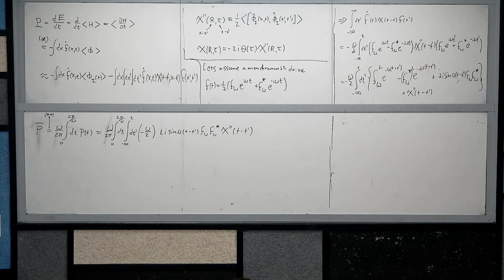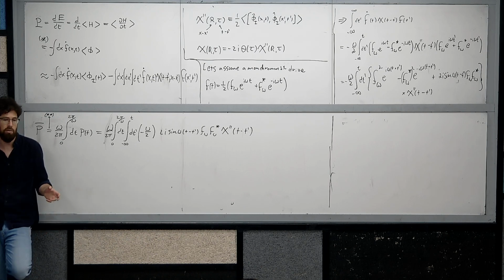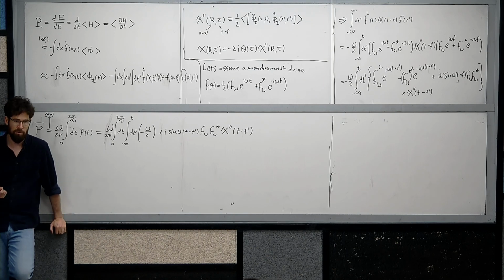Of course you're right that if you're driving a system, you will feel that you're pumping in energy all the time, because it's not going to lose energy exactly back into your drive. It's going to lose it to some environment, or at least it could.